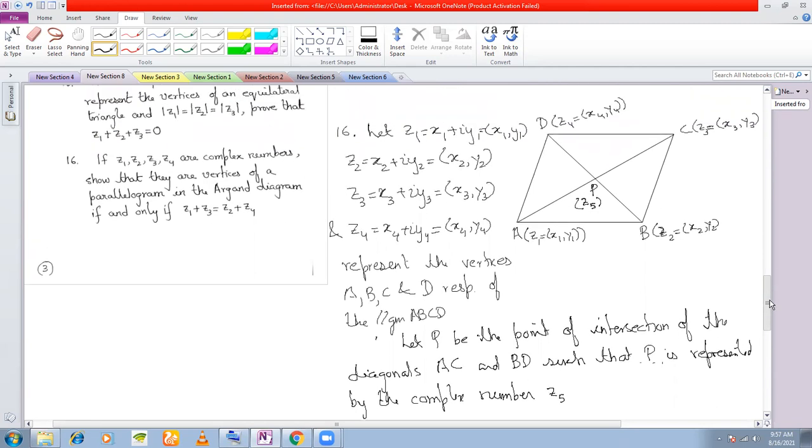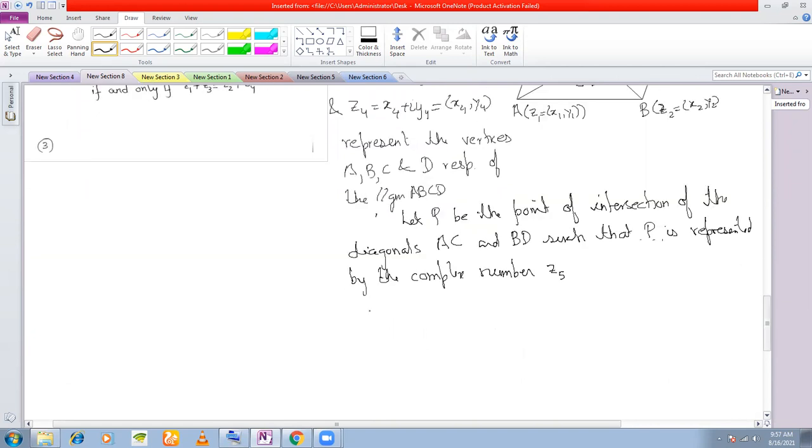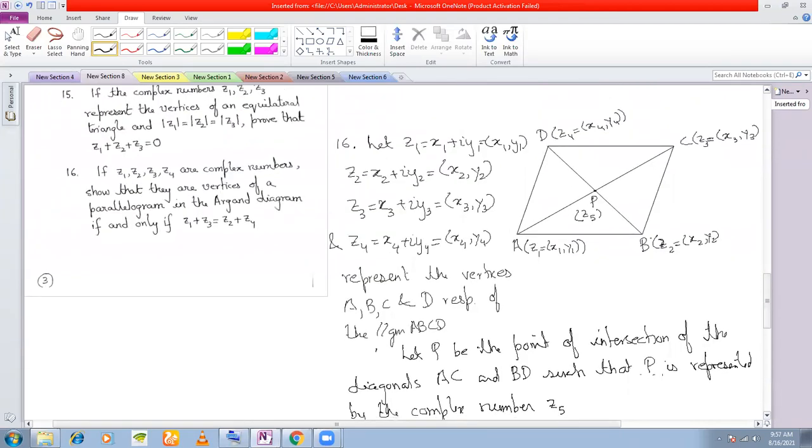Okay, so now from your normal geometry knowledge, what should be the coordinates of P? Diagonals bisect each other in case of a parallelogram. So here P is the midpoint of BD.